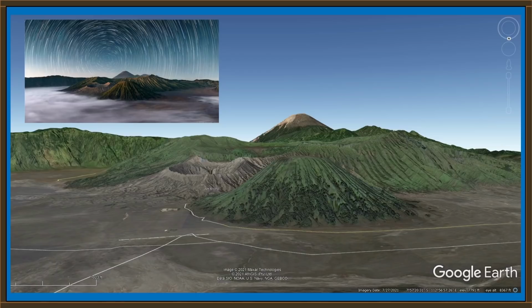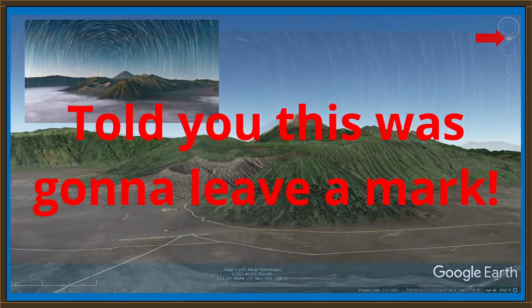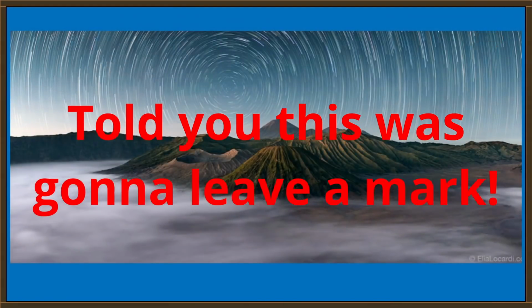But I want you to notice something about this Google Earth screenshot, Mitchell. Notice what direction north is. North is behind us. In this view, we are facing due south. So let's see, does it match?